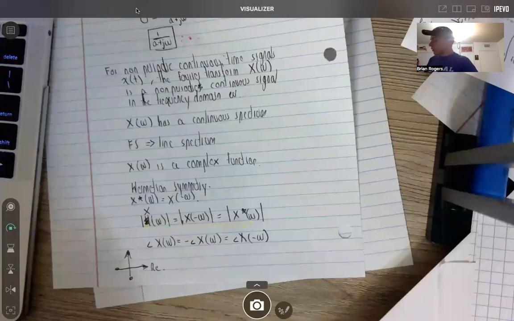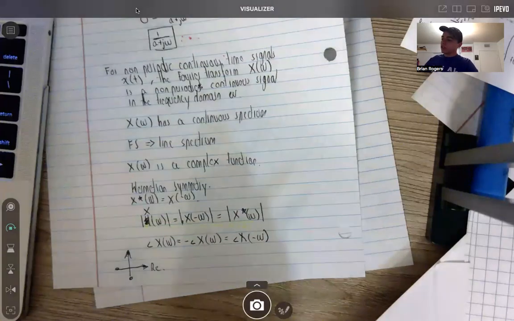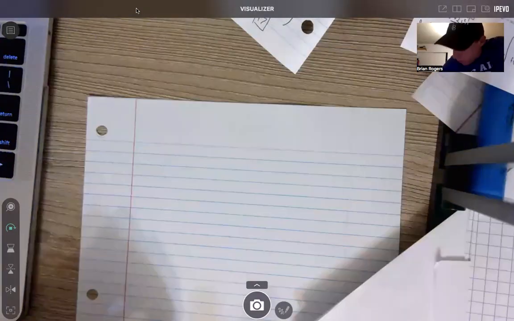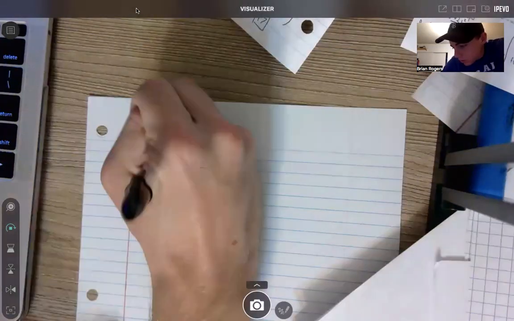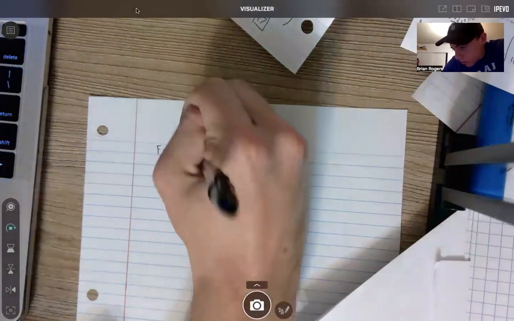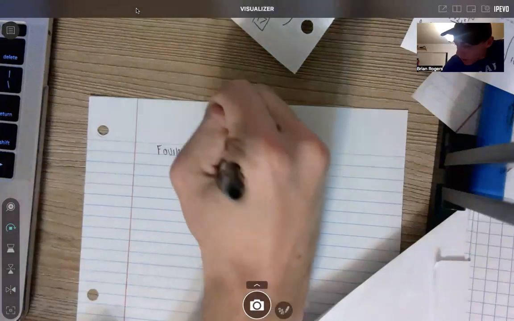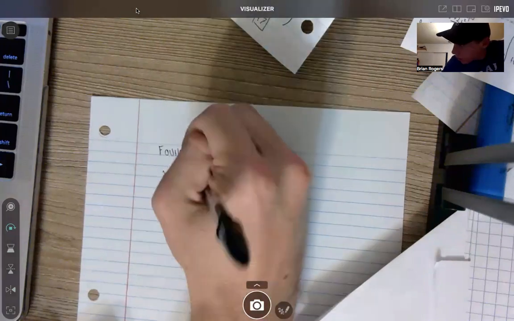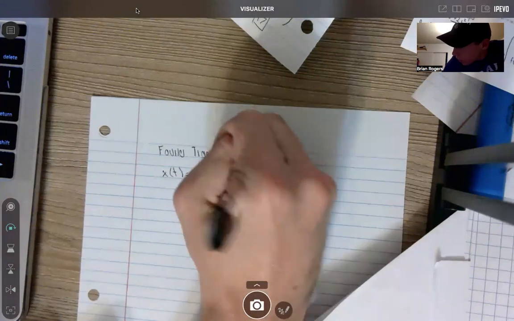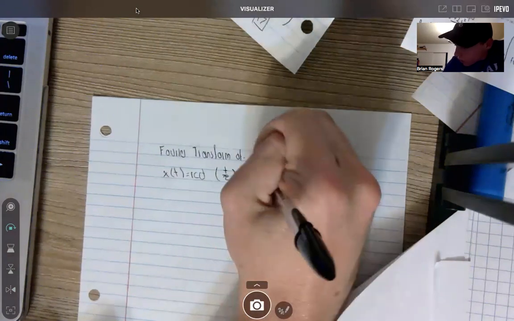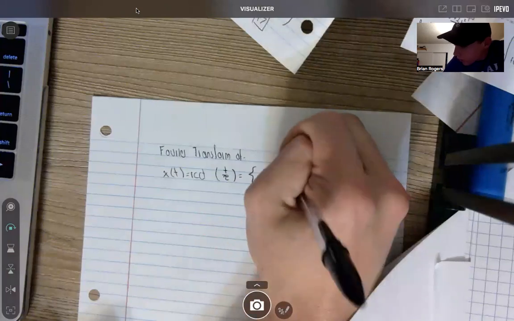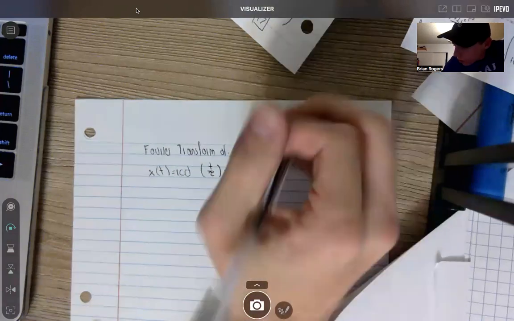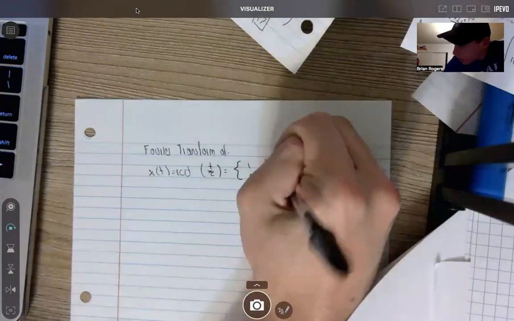And so let's find the Fourier transform. We're going to do an example. This is the Fourier transform of x of t equal to rectangle of t over tau, which is 1 for t over tau less than 1/2, but 0 for t over tau greater than 1/2.